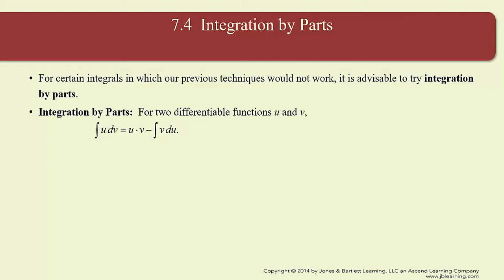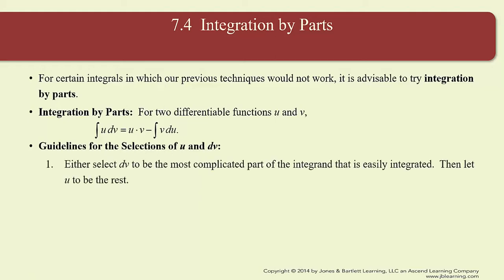So before we look at an example, let me give you my guidelines for the selections of u and dv, for the original integral. First, guideline number 1: you select dv to be the most complicated part of the integrand that is easily integrated. Then u would be the rest.